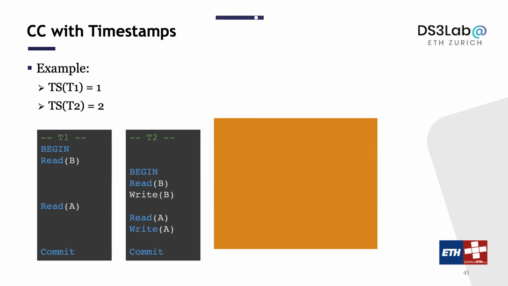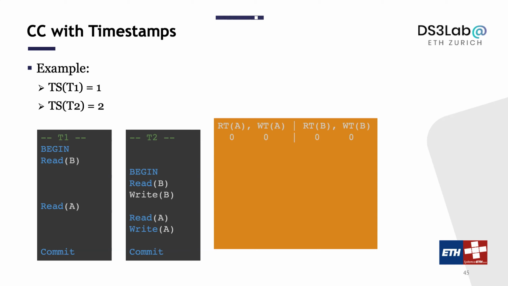That's my principle, so let's follow it. Assume I have two objects, A and B. I have the read time of A, write time of A, read time of B, and write time of B. I'm going to trace these four values. At the beginning, they all have 0, for example.